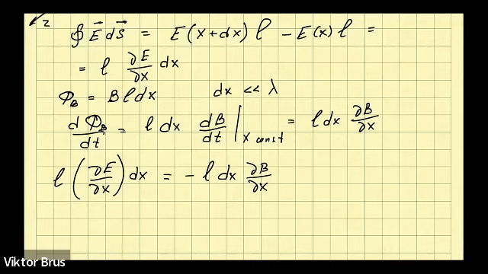Oh, sorry, not x, but t. It should be time. So since we can cancel these terms, we get the relationship between the first partial derivative of the electric field along position x and the first derivative of the magnetic field over time t.